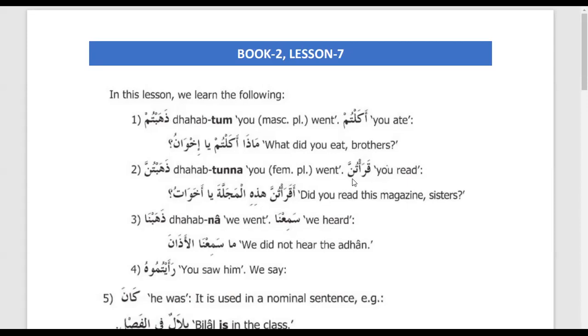If I am asking the males, "you all read," how will we translate it? Excellent. Qara'tum. So as we can see, dhahabtum, akaltum, qara'tum, and similarly dhahabtunna, akaltunna, qara'tunna, kharajtunna, and all the verbs will fall in the same pattern.